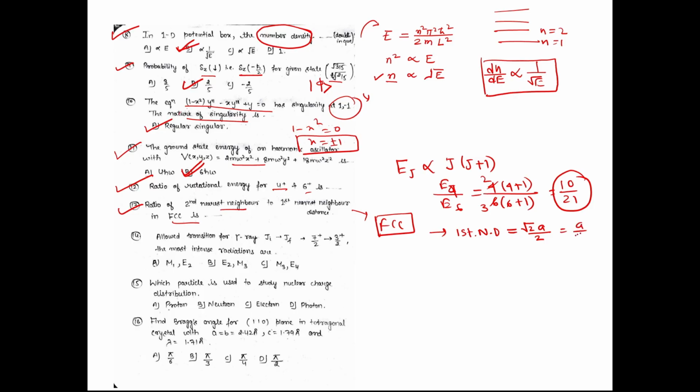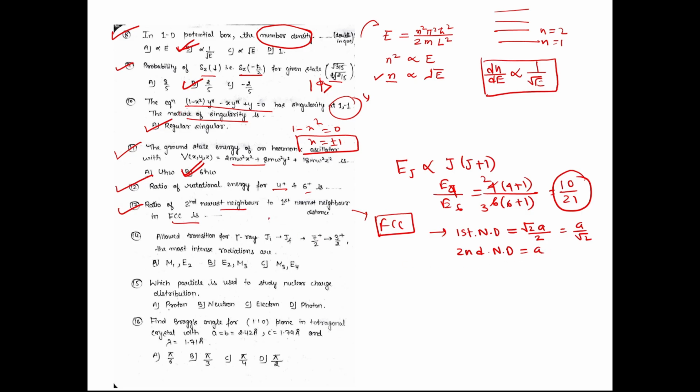So a by root 2 is the first nearest neighbor distance, and the second nearest neighbor atoms are placed at the corner.